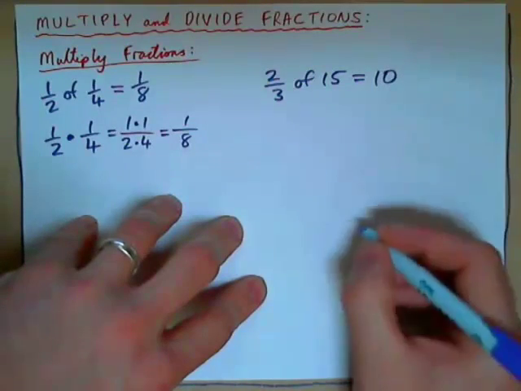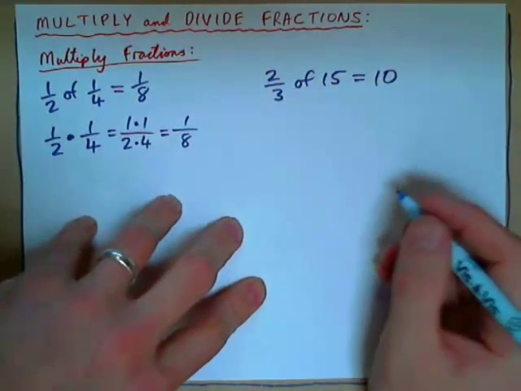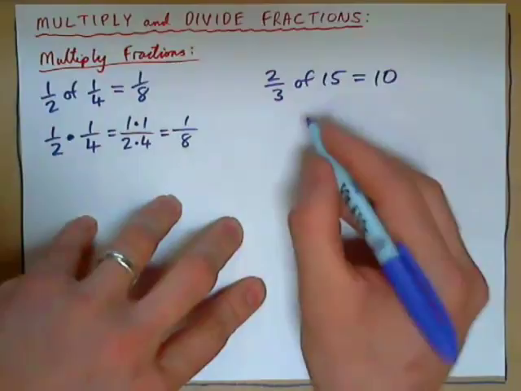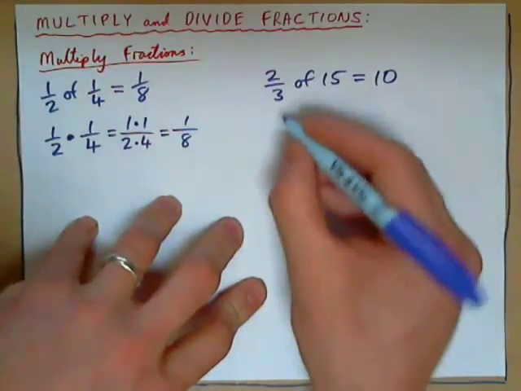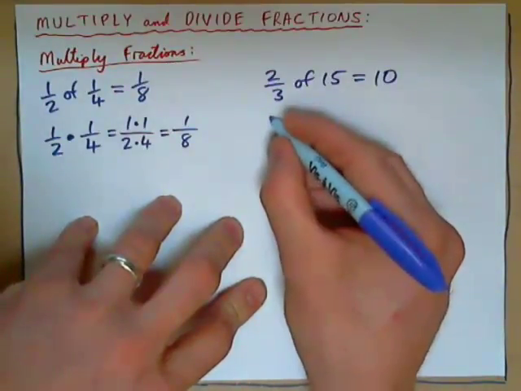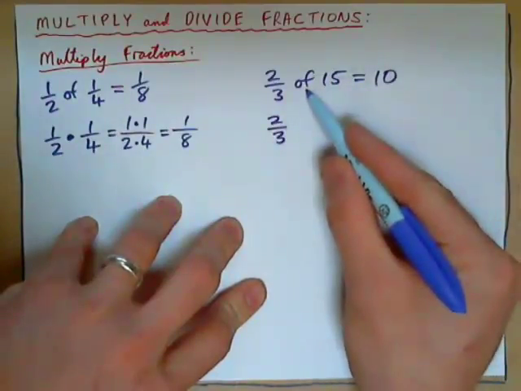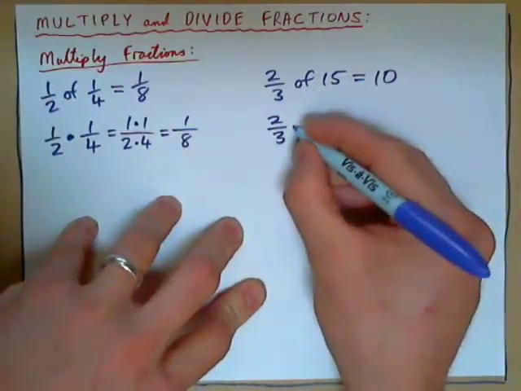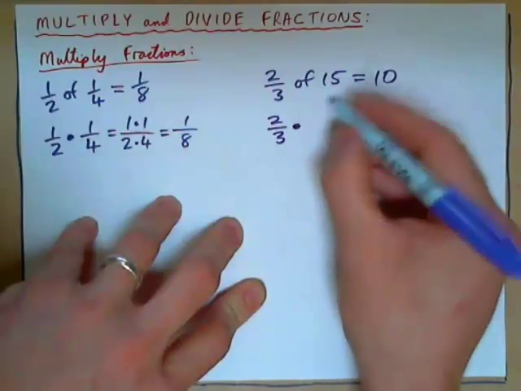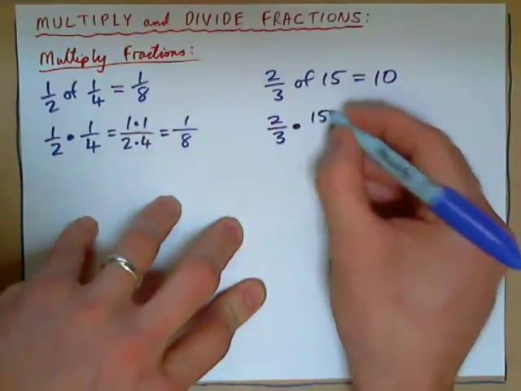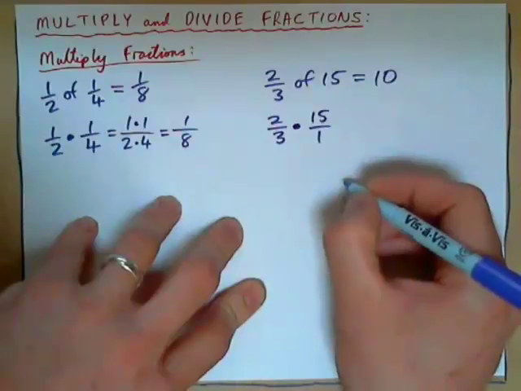$10, right? 1/3 is 5, 2/3 is 10. So let's check. There's a method for multiplying fractions again, and here's how we do it. We go 2/3. Now of actually means multiply in math, so change that to multiply. And 15 can be written 15/1.